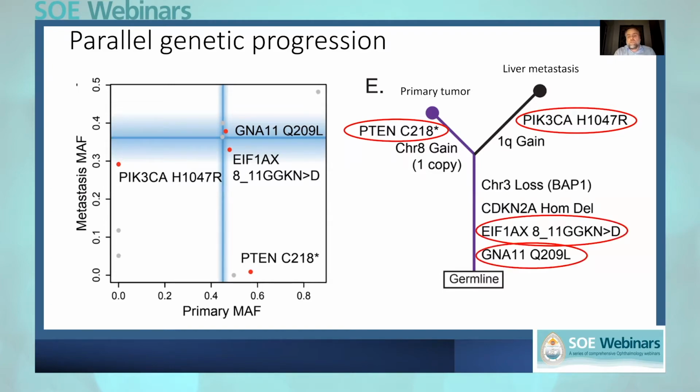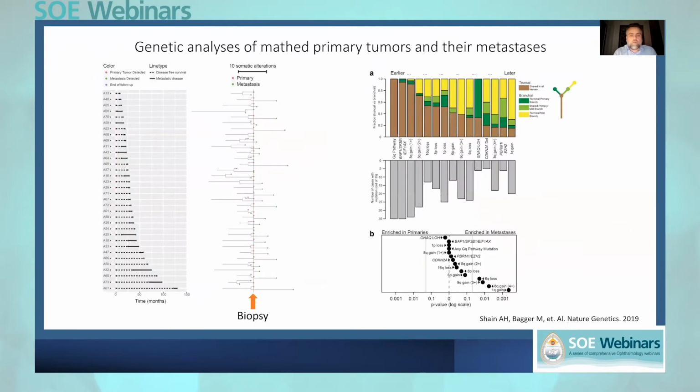But we also see genetic changes that are common for both the liver metastasis and primary, indicating that this took place before the metastatic seeding. If we now look at the total cohort, we see that the metastatic spread often took place before the diagnosis of the primary tumor.